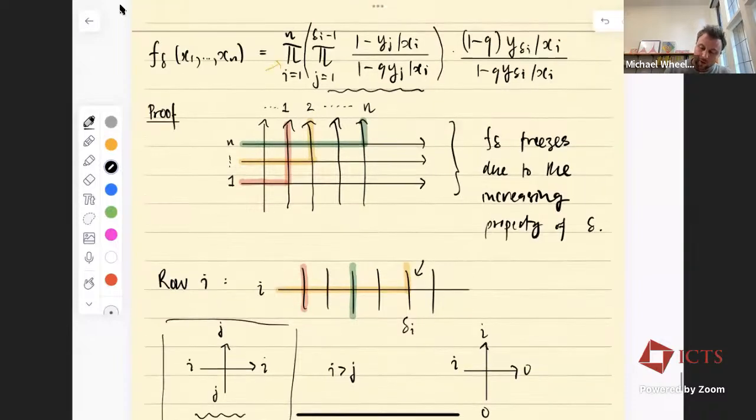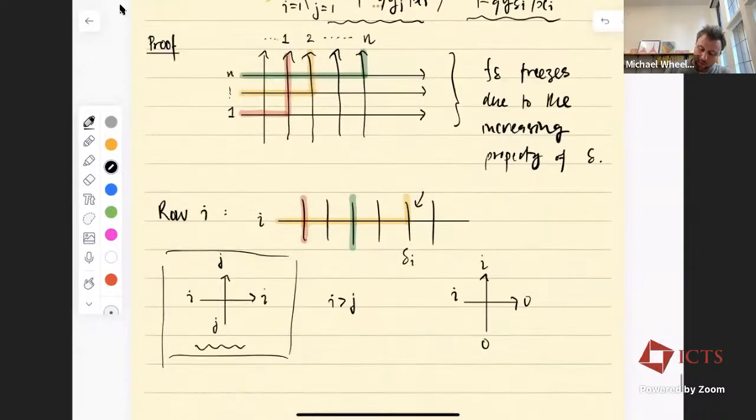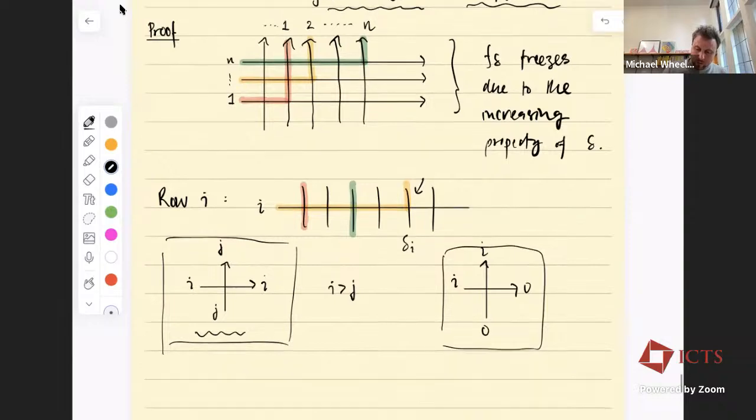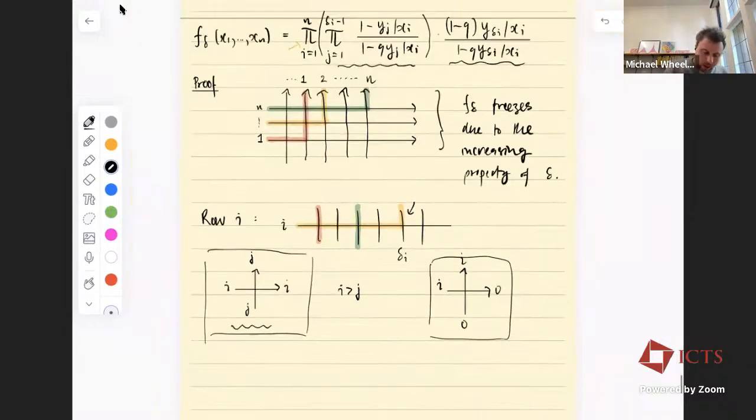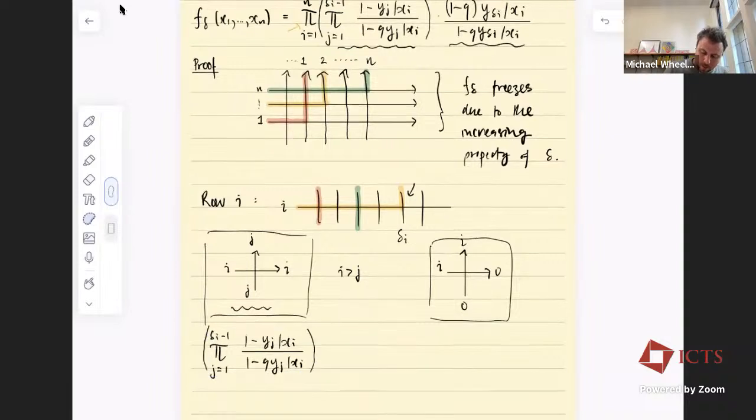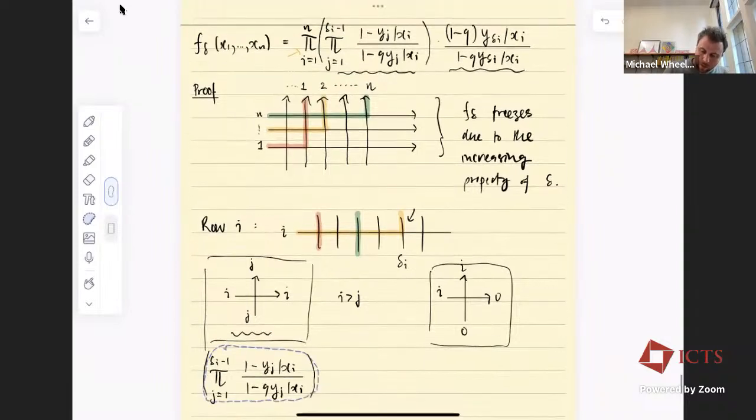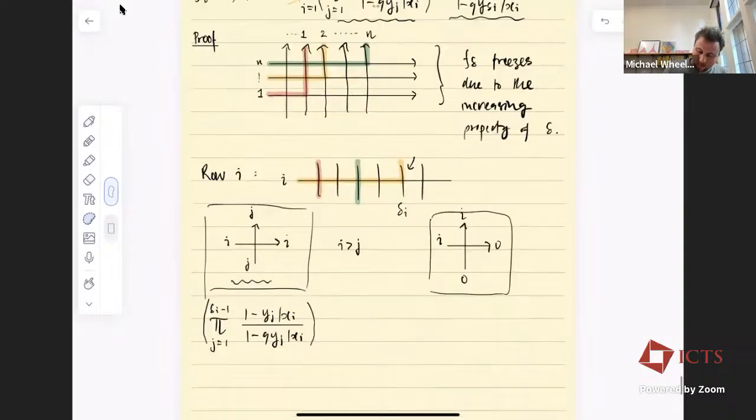And this factor here is coming from this vertex here. Okay, so I'll just copy those underneath so that, well, that's basically the proof.